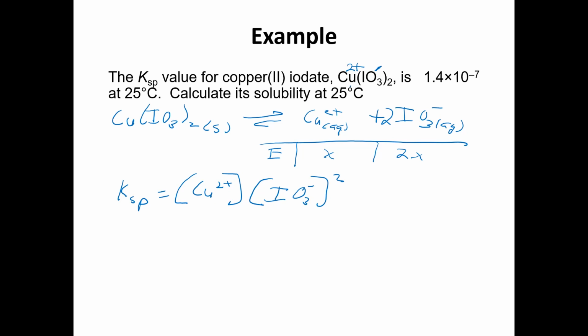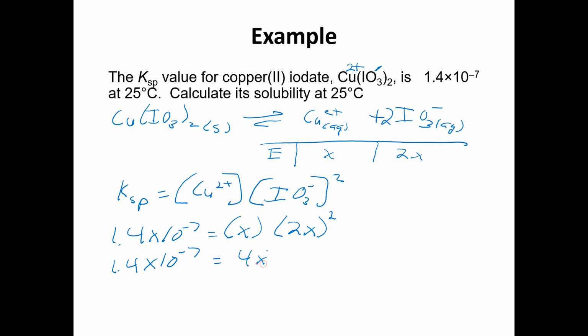We know KSP here, which is 1.4 times 10 to the negative 7th. And we're going to plug in the value for the copper ion and the value for the iodate ion. If we multiply this expression, we get 4x squared, and we multiply that by x, so we get 4x cubed here.